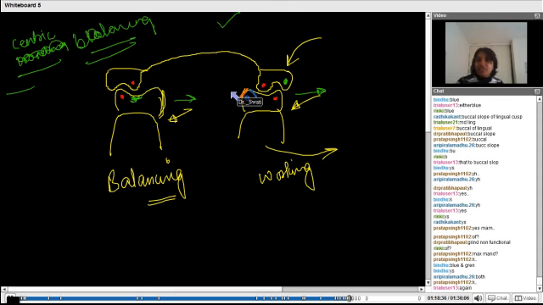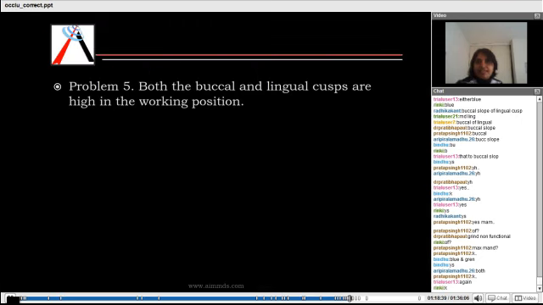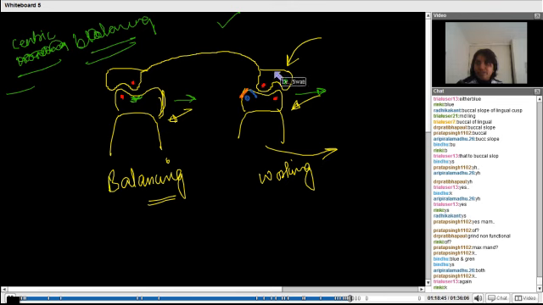We don't need that information. It says both the buccal and lingual cusps are high in working position. Let me consider the mandibular buccal and lingual being high in working position. Where is my mandibular buccal contacting? It will be contacting this green dot, and my mandibular lingual will be contacting the red dot.